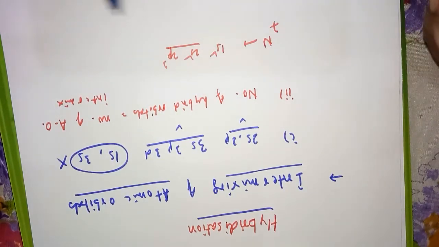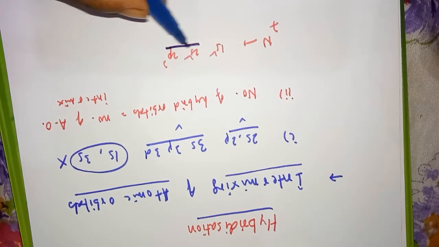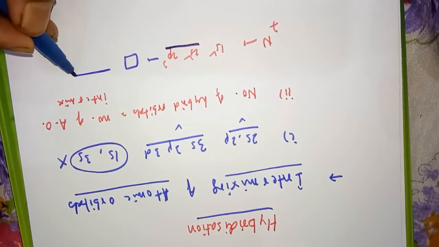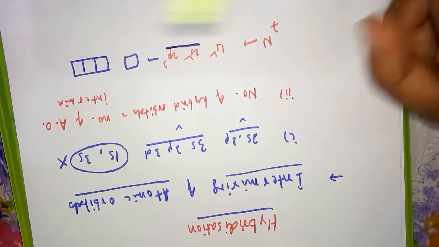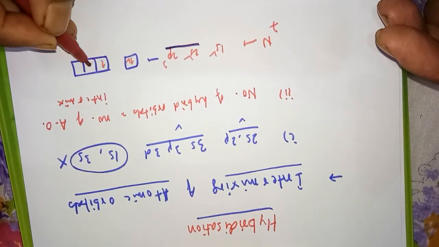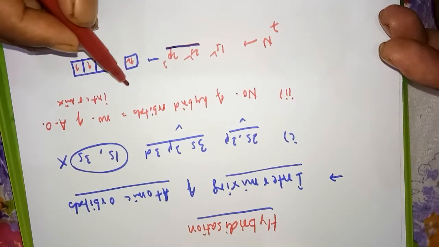Another point, remember, only the valence shell is involved in hybridization. Now this 2s and 2p is the valence shell. If I draw the box diagram for 2s and 2p, it will be like that. This is 2s2, this is 2p3.